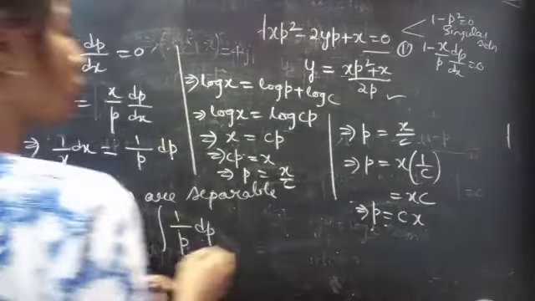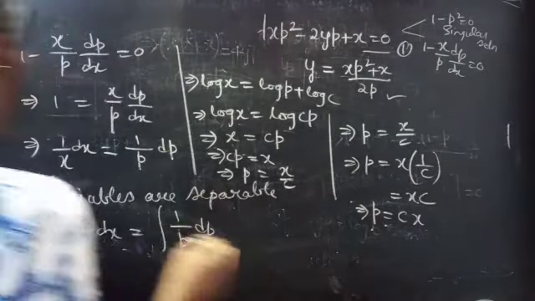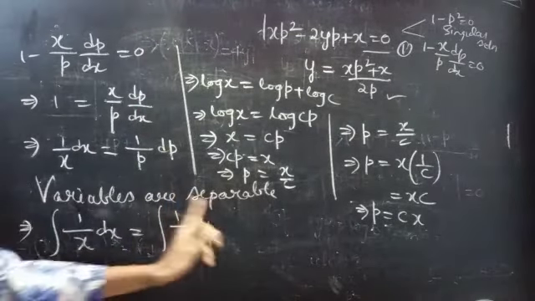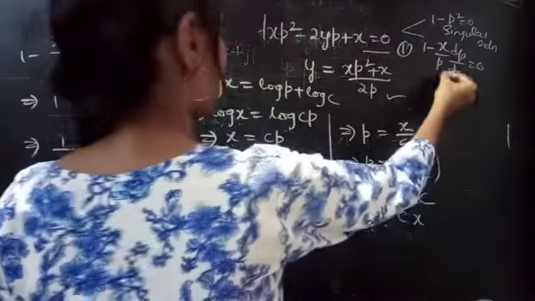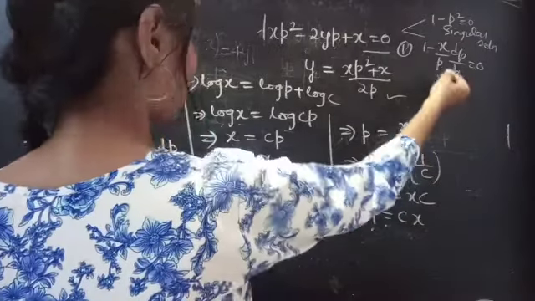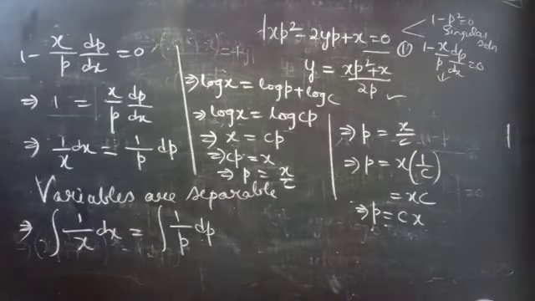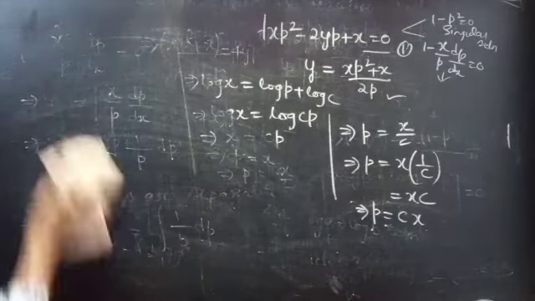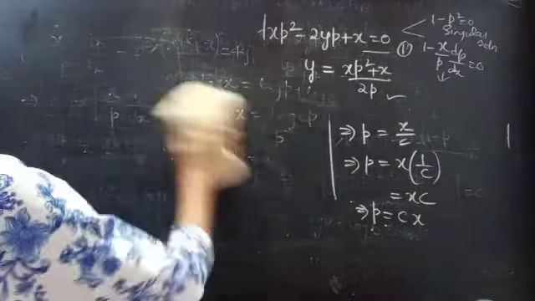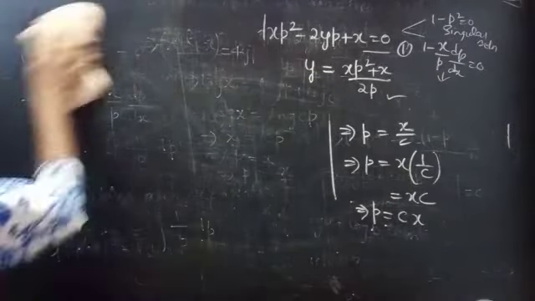Now, you got this from the general solution using the variable separable method. Now we'll simply substitute this p equals cx in the given differential equation 1.